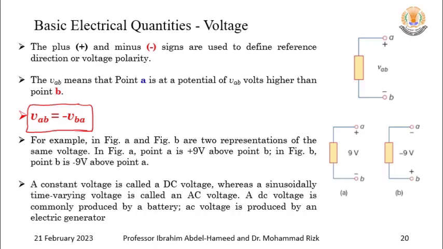Okay, so we reach a very important conclusion that VAB equals minus VBA. If you have here, for example, 9 volts, you can draw it like that. We agreed VAB equals 9 volts, so the first digit in the subscript will be positive. So here you will have A positive.